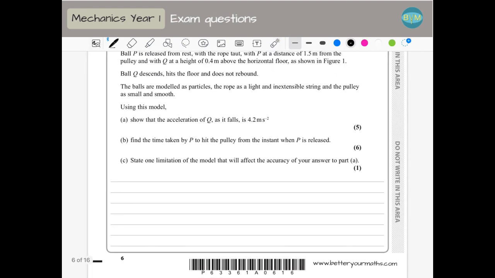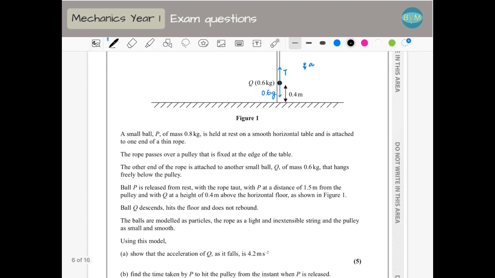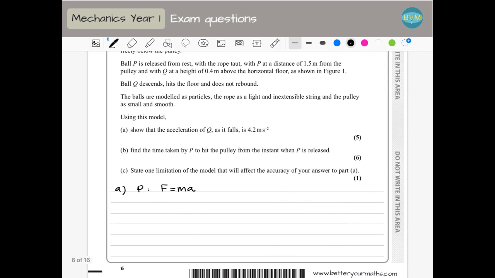For P, I'm going to write an equation of motion: the resultant force is mass times acceleration. So my resultant force here is just T, my only force acting in the direction of the motion. So T is going to be mass, which is 0.8, times acceleration. So for P, my equation is T equals mass times acceleration.